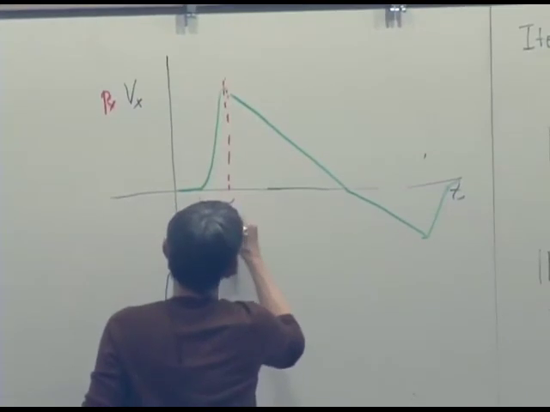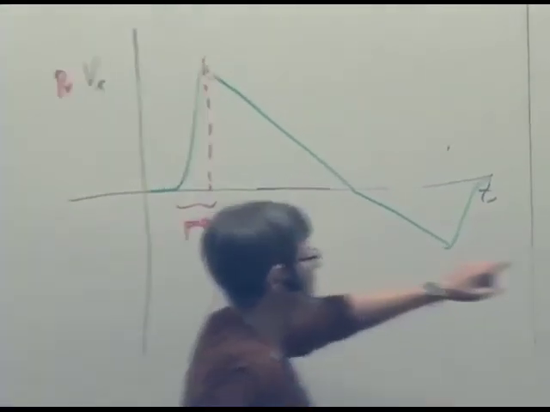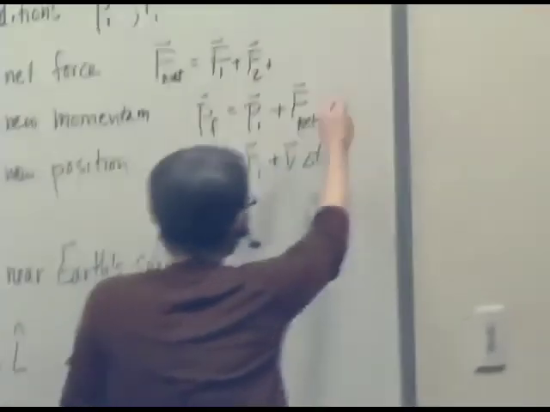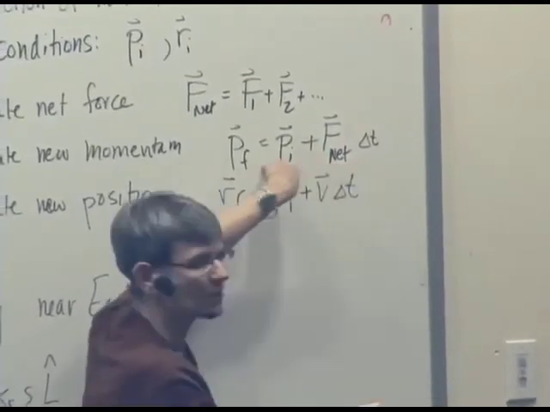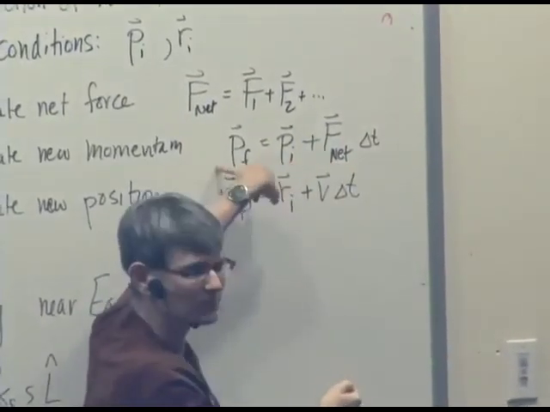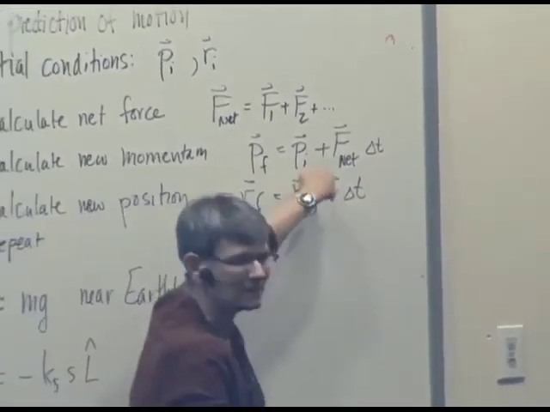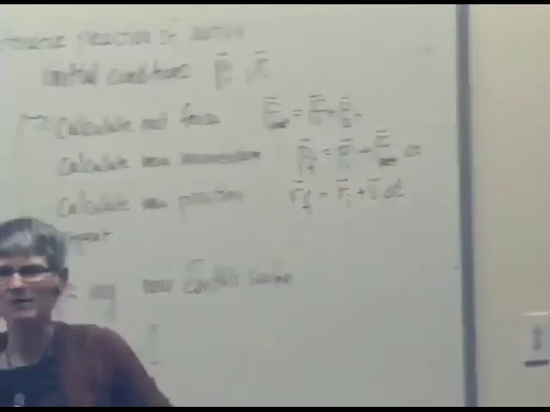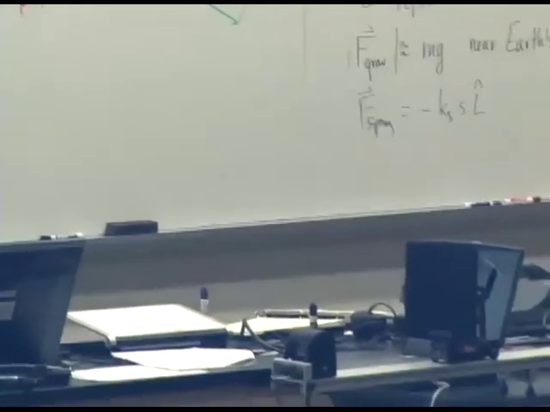This is the push, right? And remember that for that first time interval, all the little F net delta t's that I'm exerting get added up into the momentum, so that when my hand leaves, all the history of my push is now in that momentum at that time. So my hands are not acting on it anymore. Yeah, what do you think?